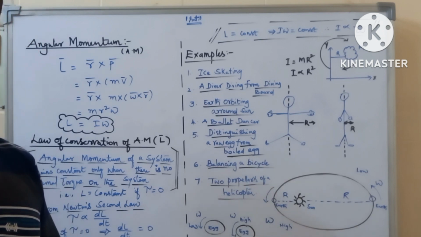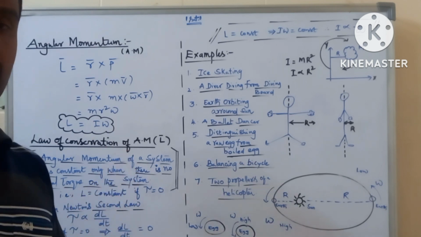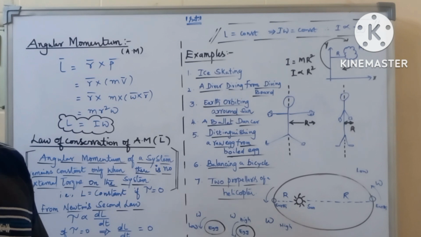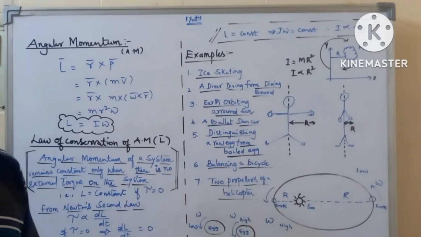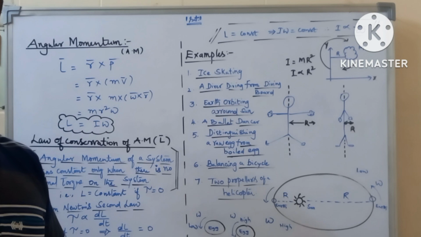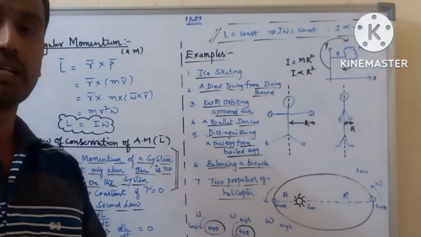When there is no external force acting on the system, then the linear momentum of that system remains constant. Only when there is an external force, the linear momentum will change. When there is an external torque, the angular momentum will change.